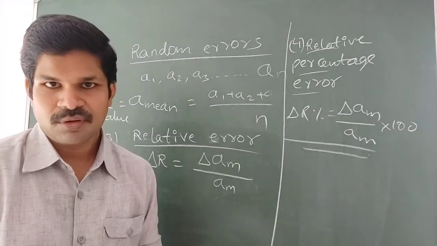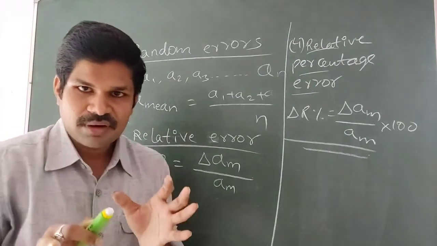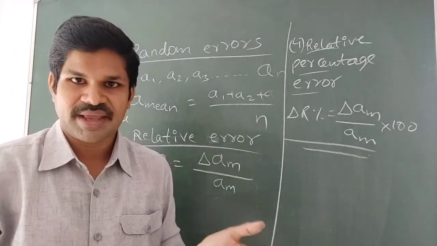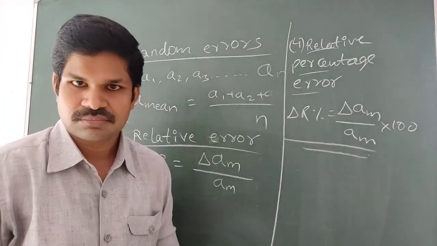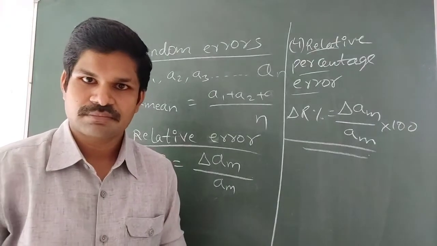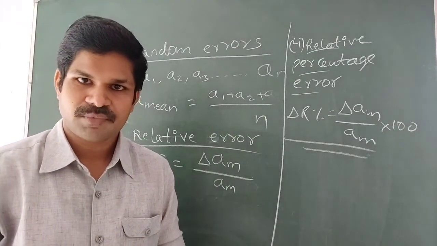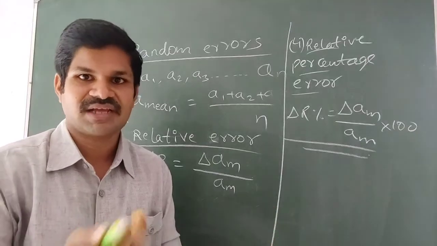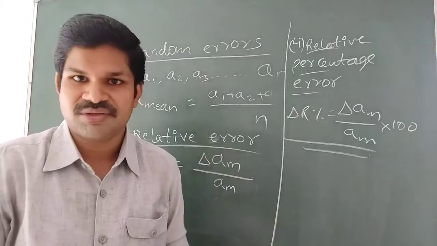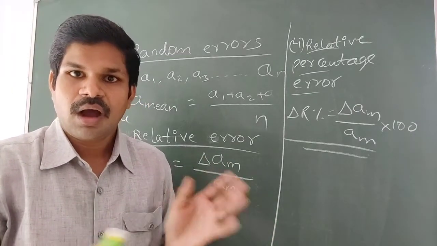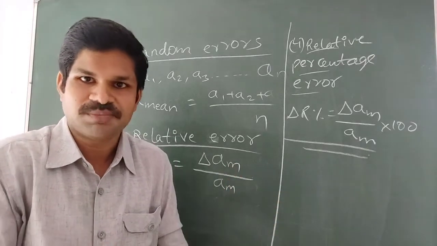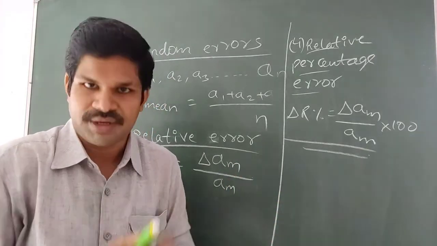That means if a group of observations or errors are taken in a particular formula, let us suppose we need to find the momentum. Momentum is equal to mass into velocity. We need to find the mass value as well as the velocity value, and there may be some errors in calculating both. Then how will the error be in multiplying these two physical quantities?